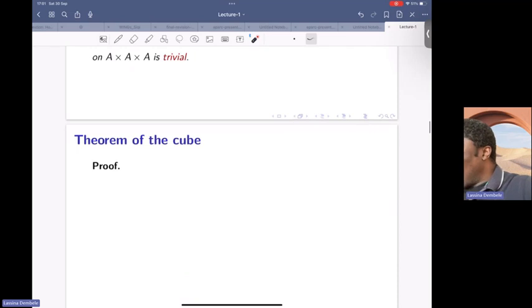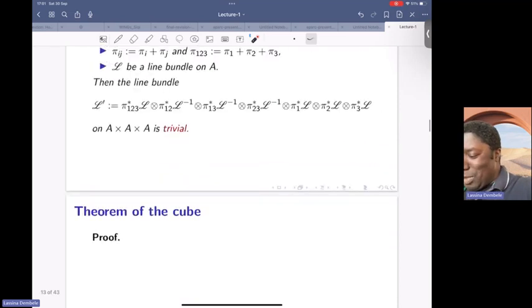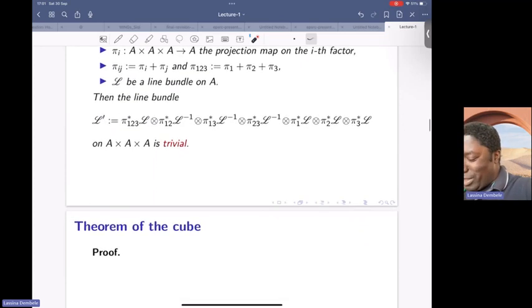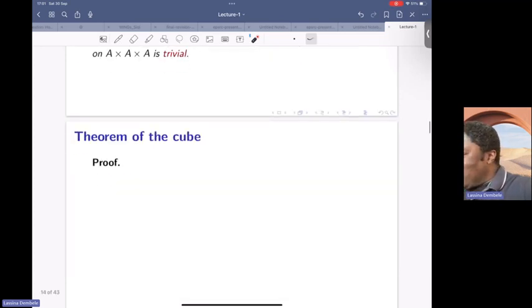Okay, it's kind of harder to state than to visualize, but once you accept the theorem of the cube, the proof of this result is actually fairly easy. So how does the proof work?